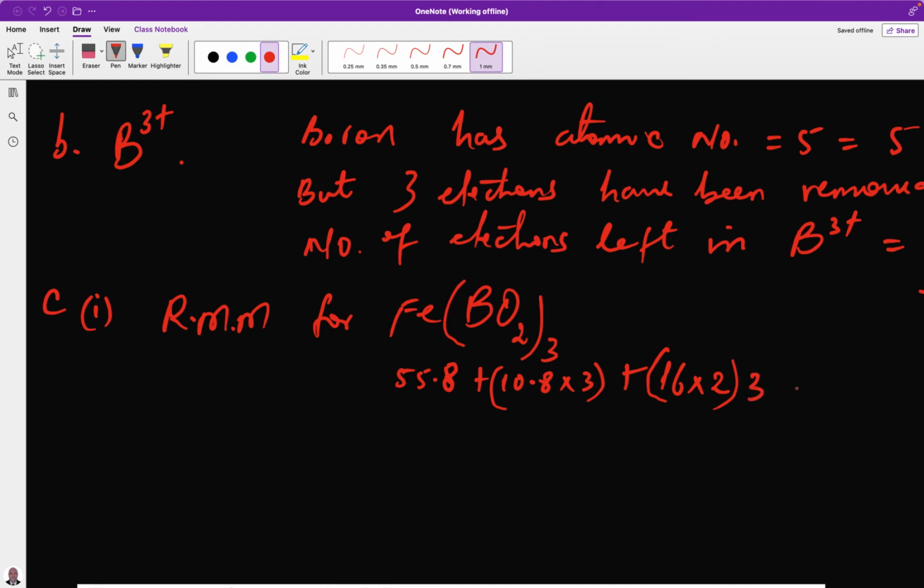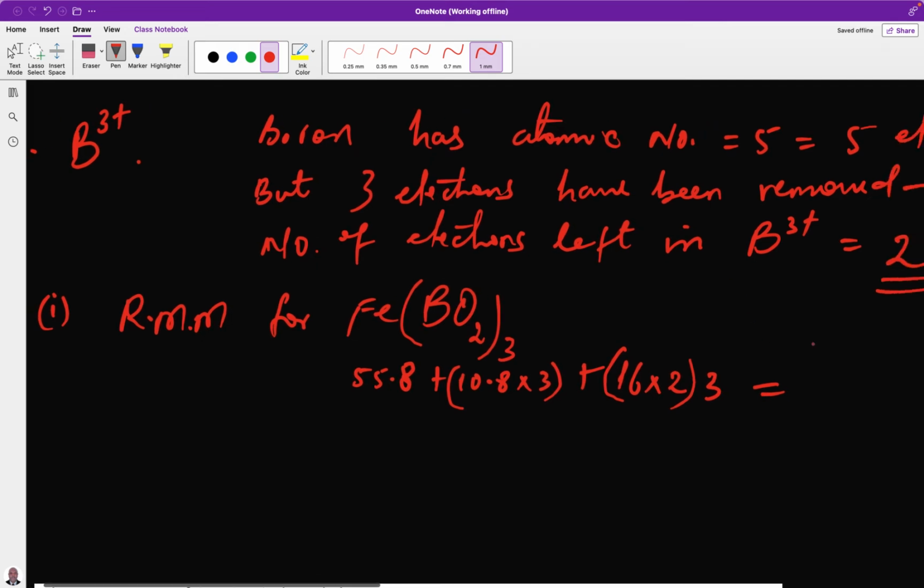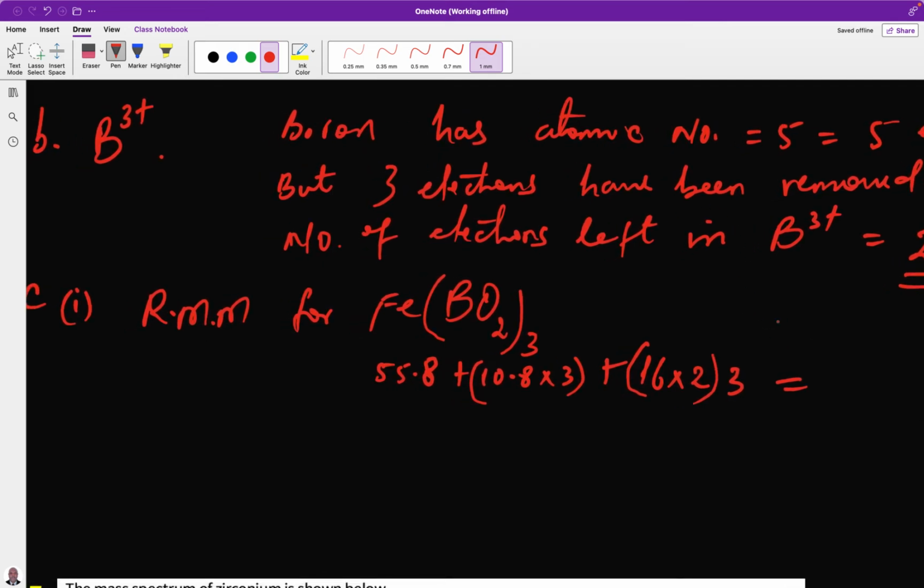If we sum up all this, that is iron, which is 55.8, plus boron, which is 10.8 times 3, because of the 3 outside, then oxygen, which is 16 times 2, then times the 3 outside. If we sum all this, our value for iron(III) borate will definitely be 184.2.